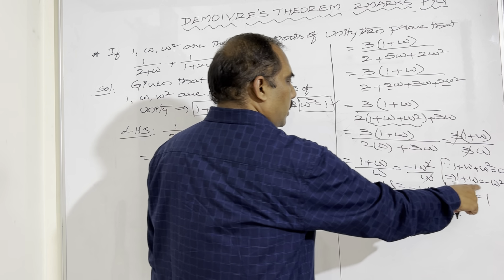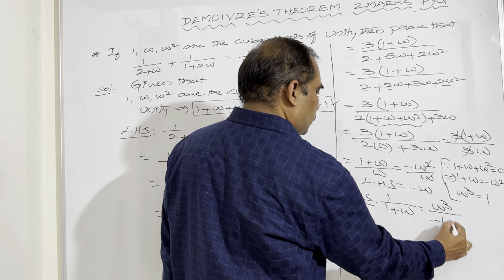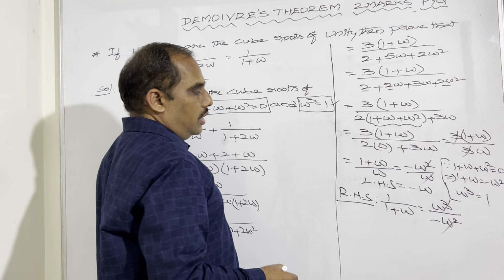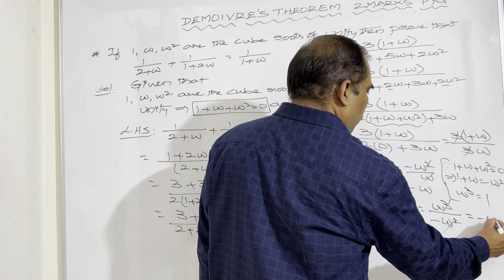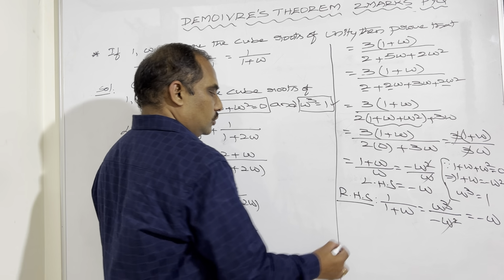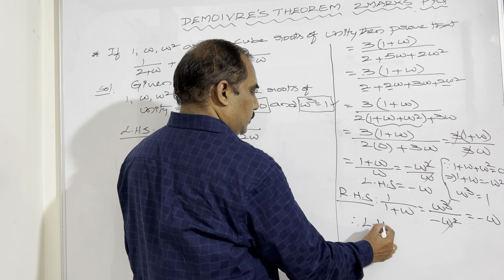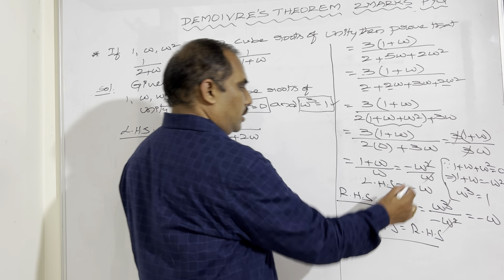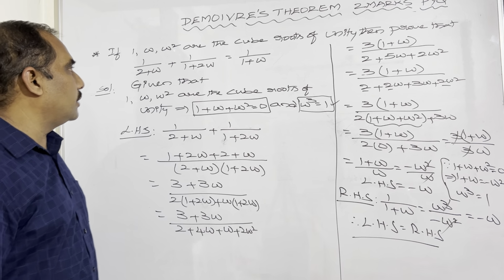See, 1 plus omega is minus omega square. Then omega square gets cancelled in the numerator and denominator. Finally here we have minus omega. So therefore LHS is equal to RHS. We get both the values the same here, minus omega. Like this we can prove.